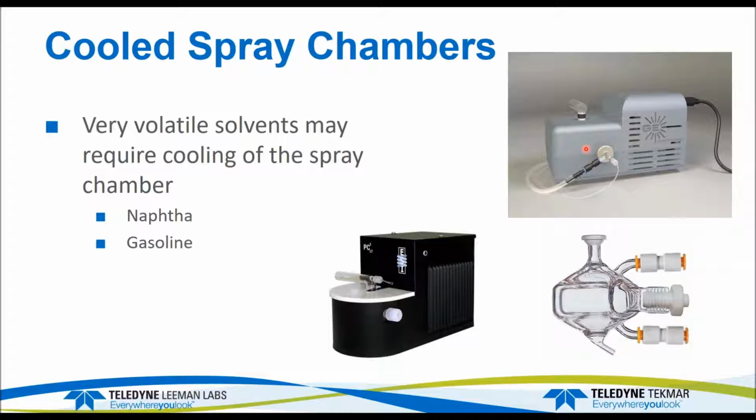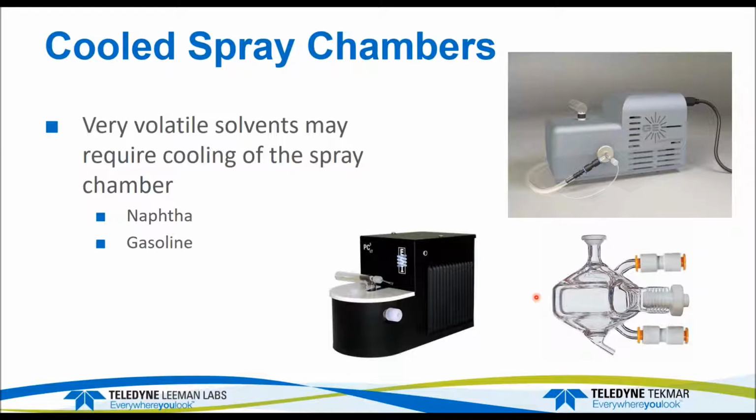And these allow you to run the temperature of that spray chamber down, below zero, as low as maybe minus 20 degrees. And when you run that, so you're basically condensing out a good chunk of the solvent, and they work really well. When we look at the chlorine and silicate in gasoline, we'll see that we use one of these to be able to run the gasoline straight.